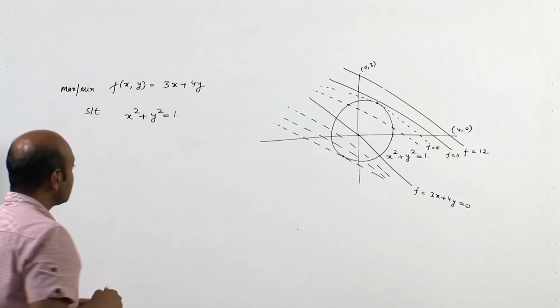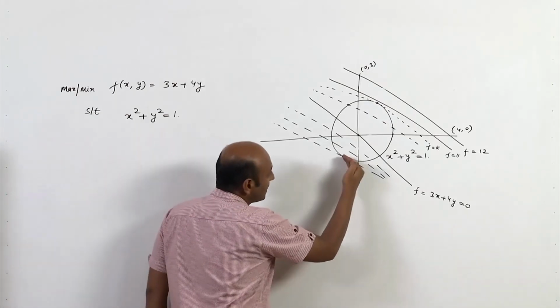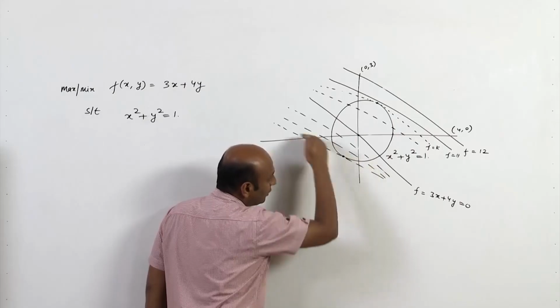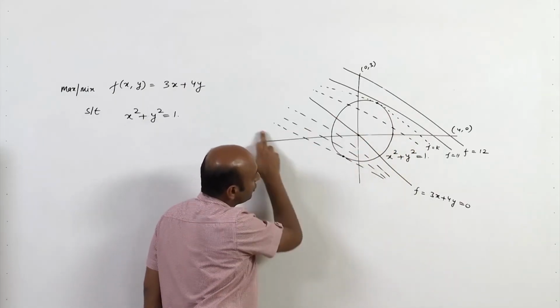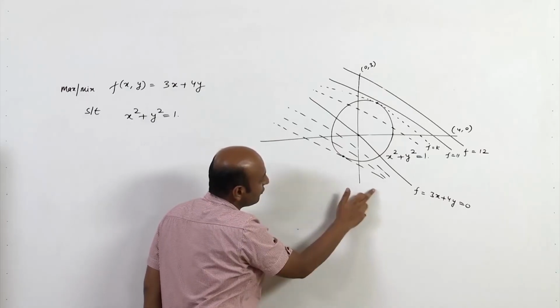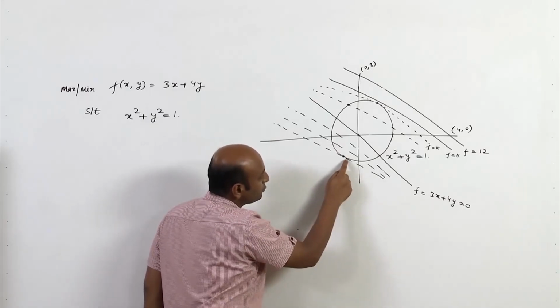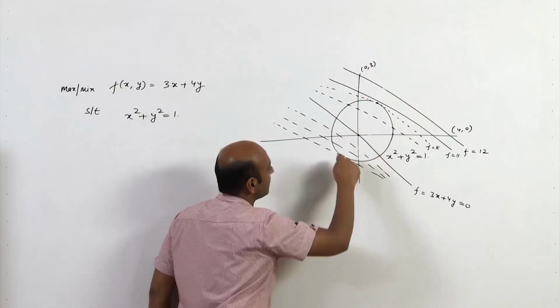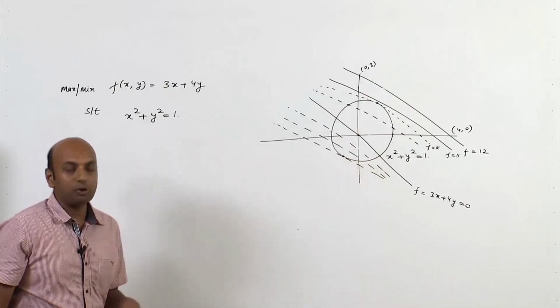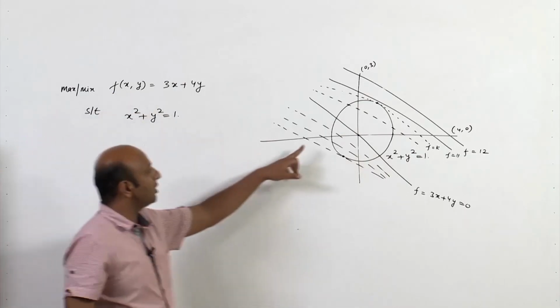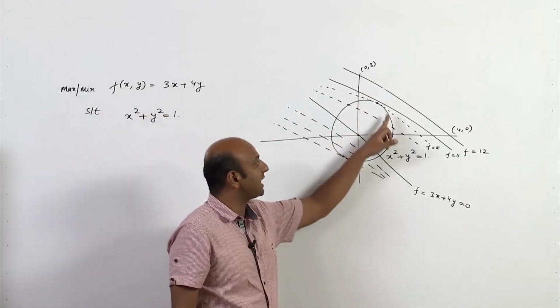Further decrement in the value of the function subject to this condition is not possible, because we want all those points which lie on the circle. We are talking about the maximum and minimum of f over this condition, I mean all those points lying on this circle.